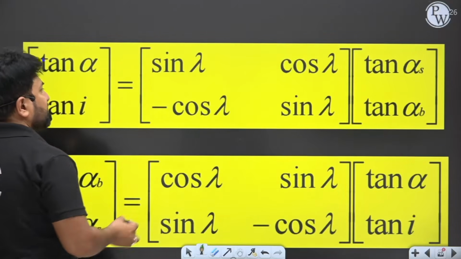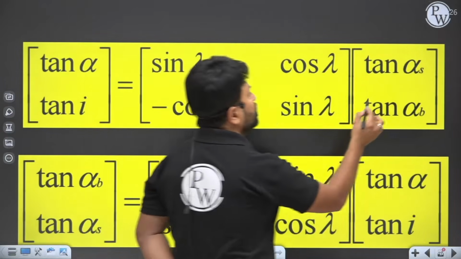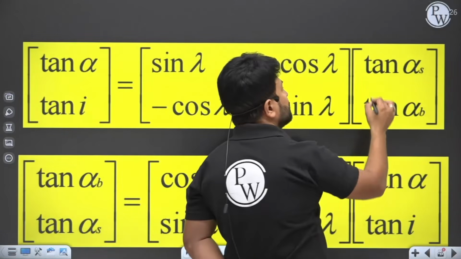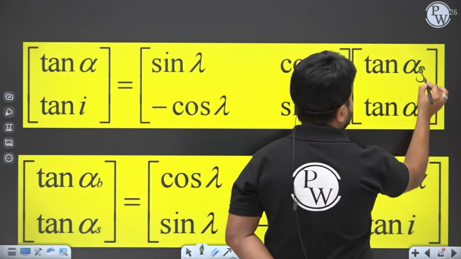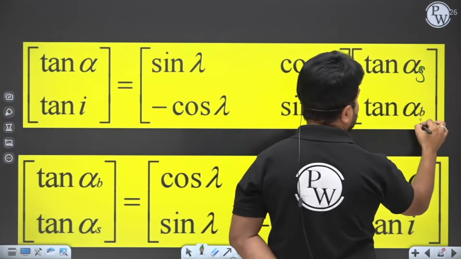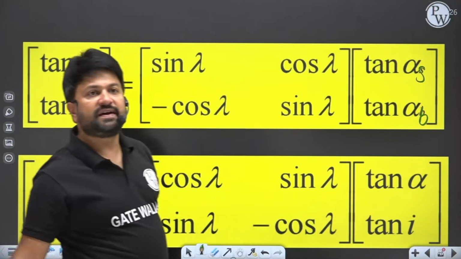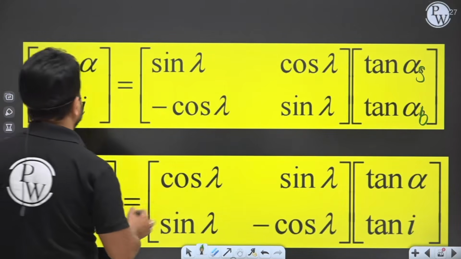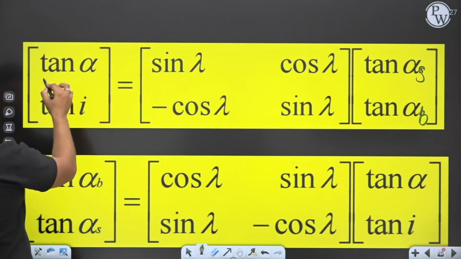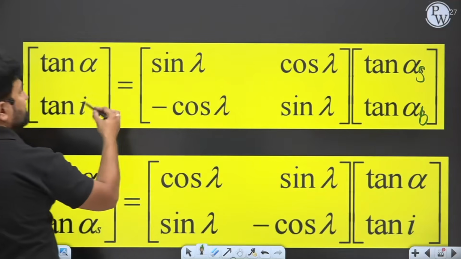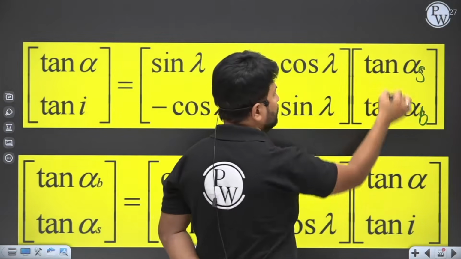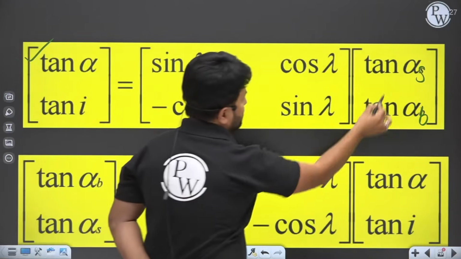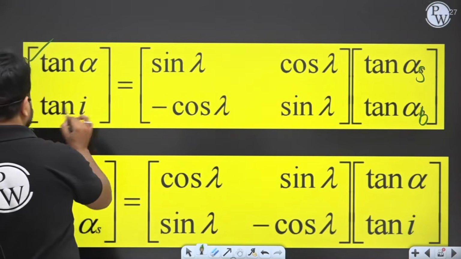Multiply this square matrix with the column matrix of tan alpha S, the side rake angle, and tan alpha B, the back rake angle. It gives you a column of tan alpha and tan I. If you multiply that row into the column, you get tan alpha; if you multiply the other row into the column, you get tan I.